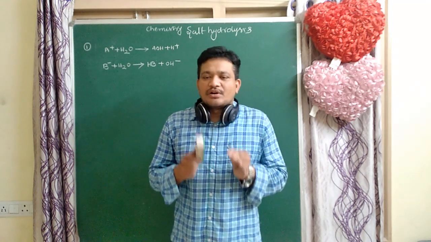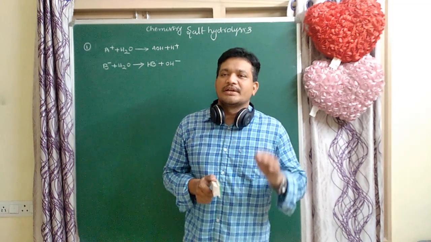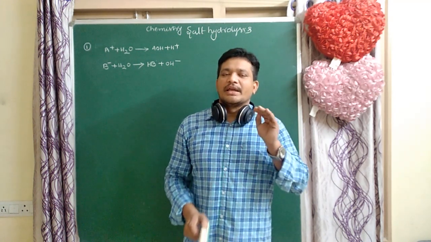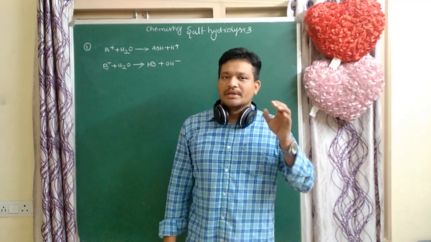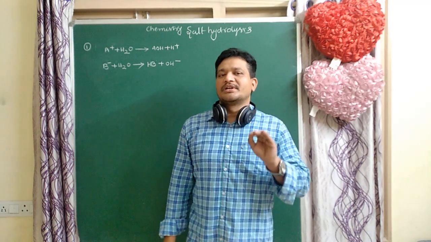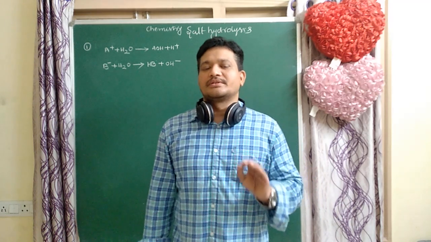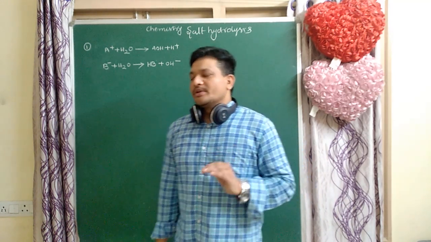So in a salt, the cation or anion, or both, react with water to produce H plus or OH minus in aqueous solution. That is called salt hydrolysis. That is very important.